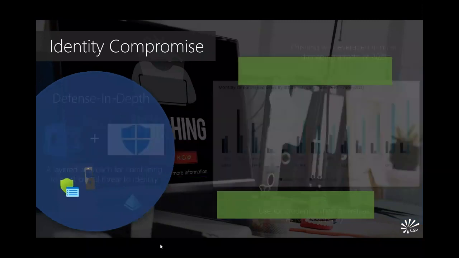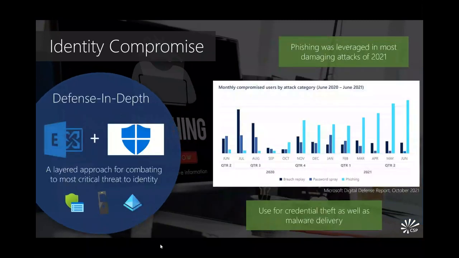So phishing. Phishing has become the number one threat to identity compromise. If you see this chart here, this chart is from Microsoft.